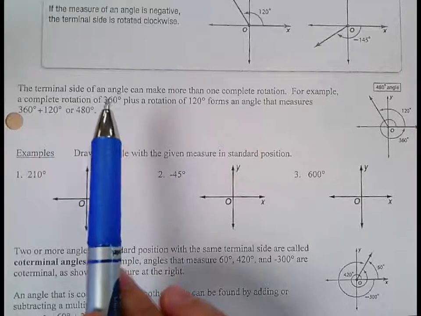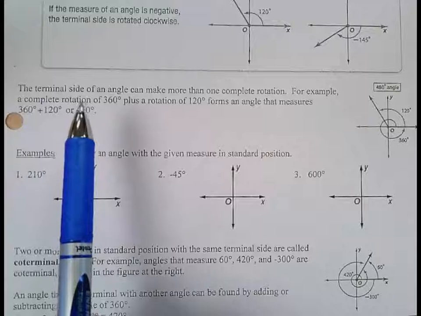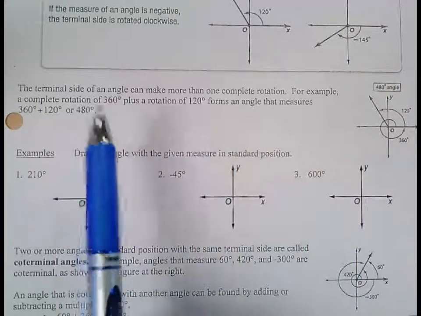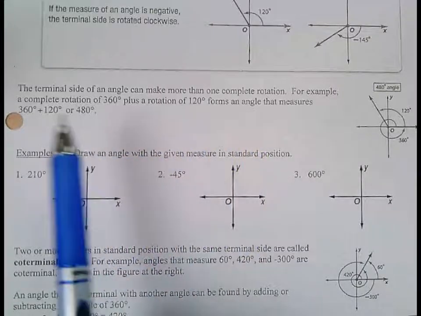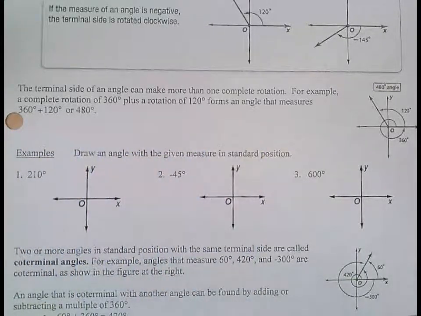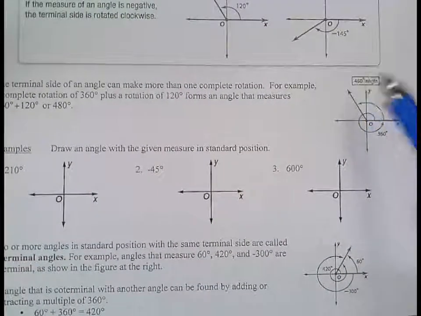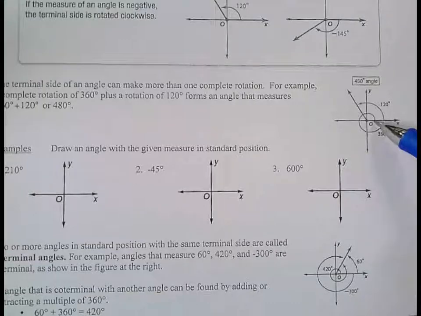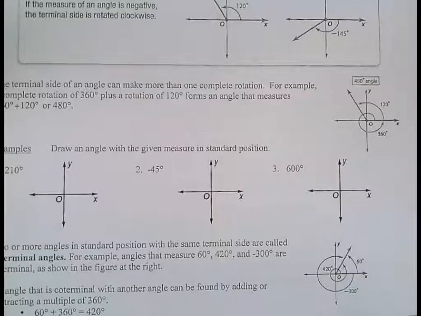So one complete rotation is 360. So for example, a complete rotation of 360 plus an additional rotation of 120 forms an angle that measures 360 plus 120 or 480 degrees. So that's what this angle would be to sketch an angle of 480 degrees. You would make one complete rotation and then go an additional 120 to draw your terminal side.